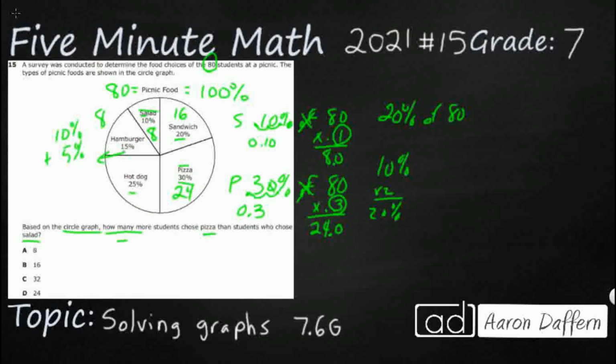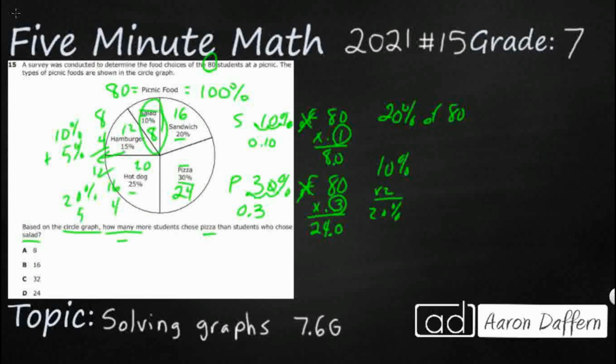Well, if 10% is 8, then that means we're going to cut that in half. And that 5% is going to be 4, so you can reason that it's going to be 12. And you can kind of do the same thing with this 25%, right? So 25% is going to be 20%, which we already know is 16, plus this 5%, which is 4, so that's 20. So if you really wanted to, you could figure out the number of each of those, and all those add up to 80.